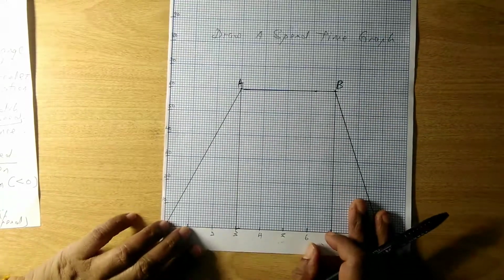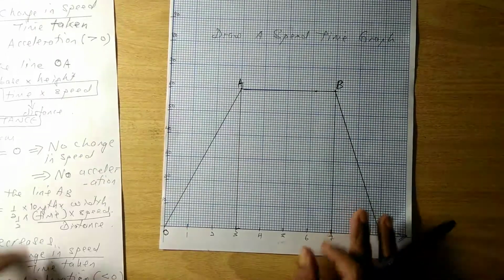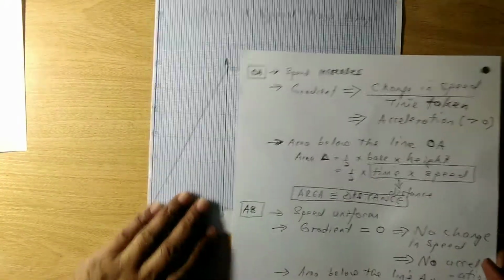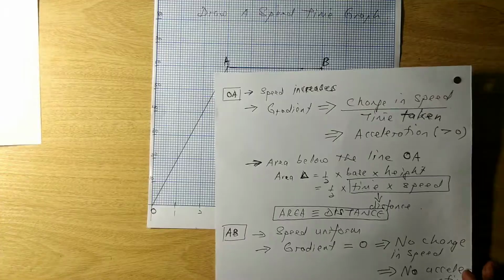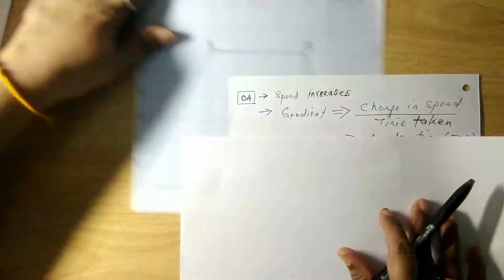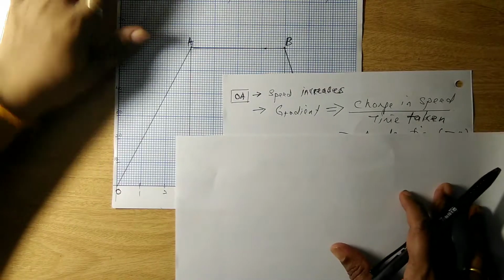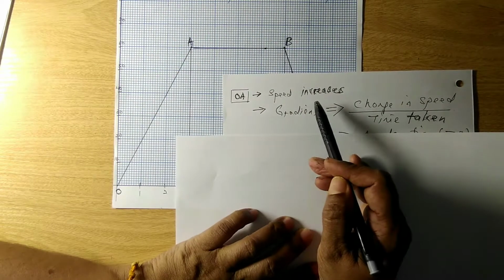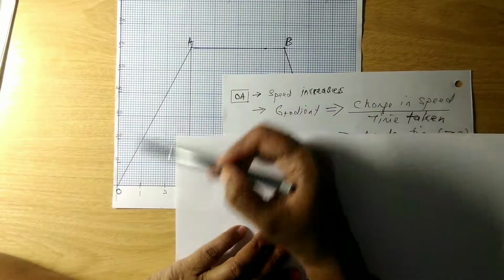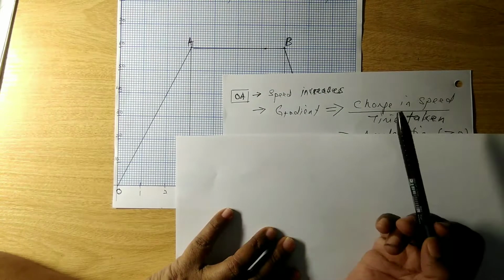Now, a few things you can interpret from the graph. For OA, what we can see is that from O to A, the speed is increasing.